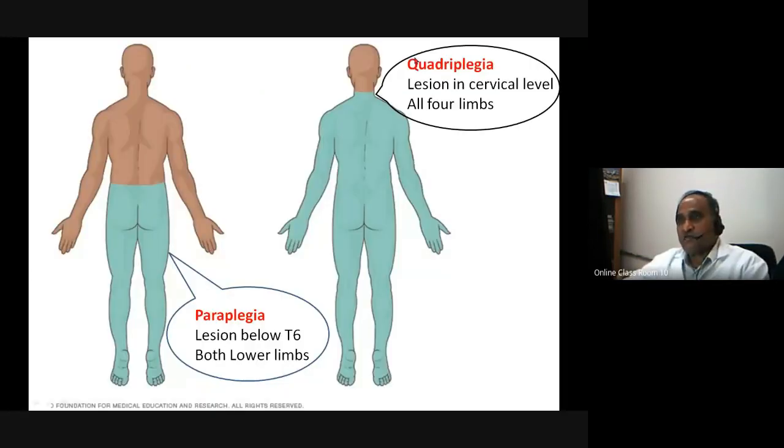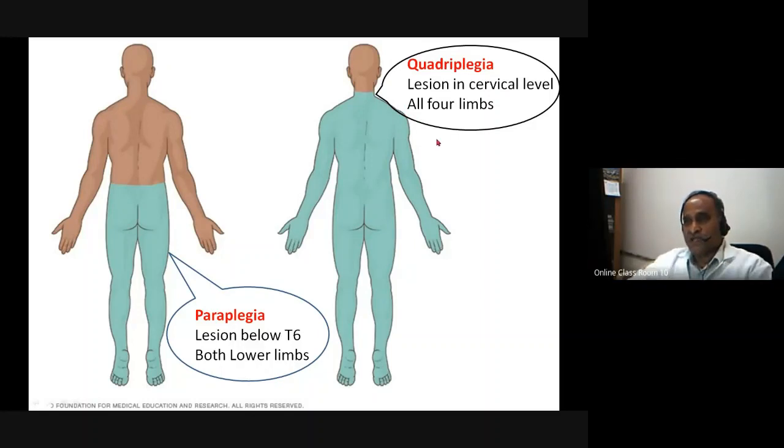This condition is a quadriplegia. That means the lesion is at the cervical area, maybe the C5 or C6 level, and you see all the four limbs, all the green ones, are involved. Below the level of the lesion, everything is lost.